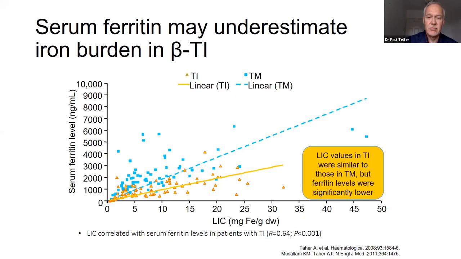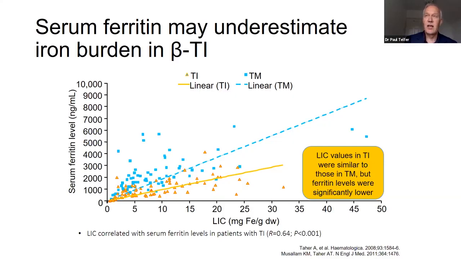And as you know, there's a risk of cirrhosis, hepatocellular carcinoma, and rarely cardiac disease in these patients. And there are 1 or 2 points to remember. First of all, the serum ferritin doesn't have quite the same relationship to iron overload as it does with transfusion-dependent thalassemia. In particular, the ferritin for a given level of liver iron seems to be lower.